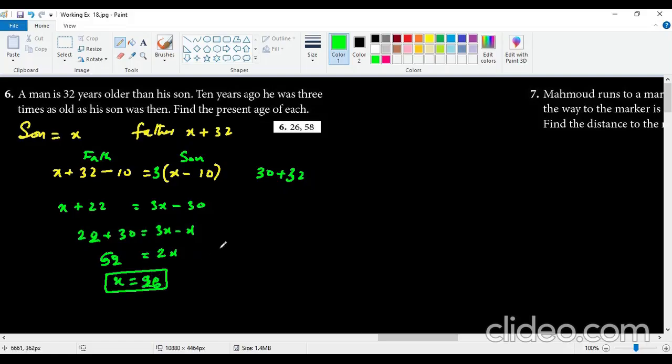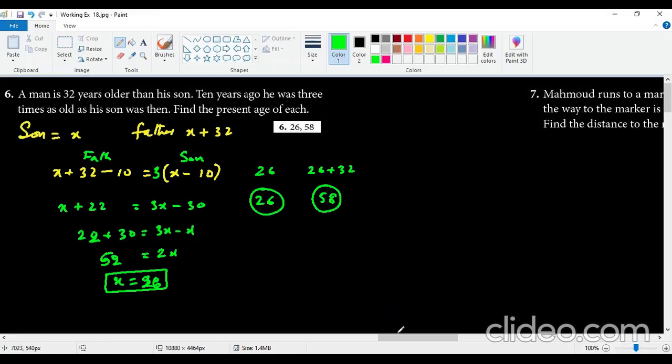That means the son's age is 26 years. Son's age is 26, and father's age is going to be 26 plus 32. So this is the son's age, and the father's age is 58 at the moment.